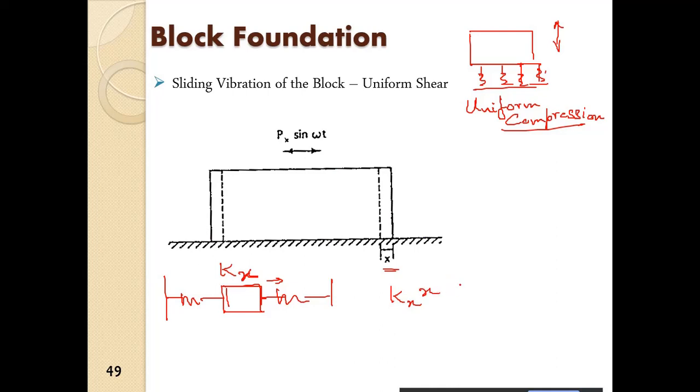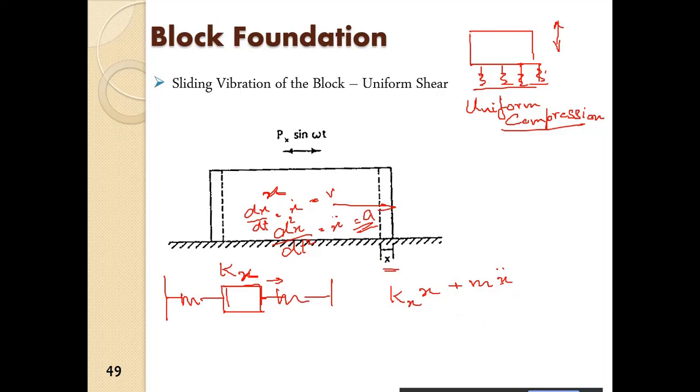Then we have the inertial force, that is m into acceleration. In this case the acceleration will be in this direction. x is the displacement, dx by dt, that is x dot, will be the velocity, and d square x by dt square, that is x double dot, will be the acceleration.